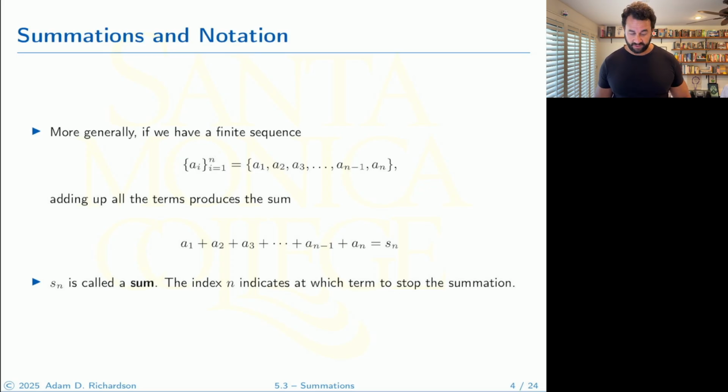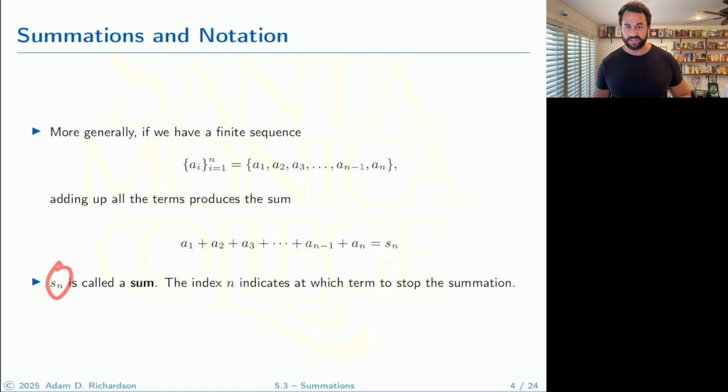Now, more generally, if we have a finite sequence written like so, using the notation that we saw in section 5.1, we can see what happens when we add up all of those terms. So A1 plus A2 plus A3 plus dot dot dot all the way up to AN. We can add those up, and we like to denote that with an S sub n.